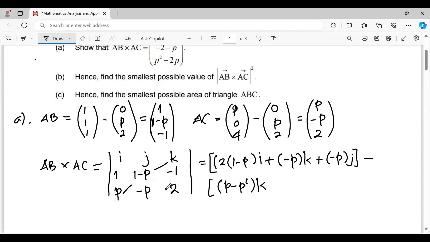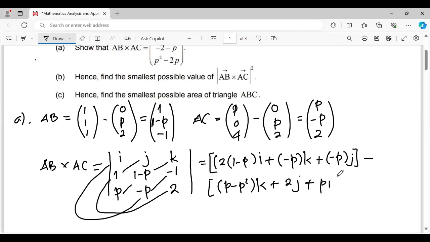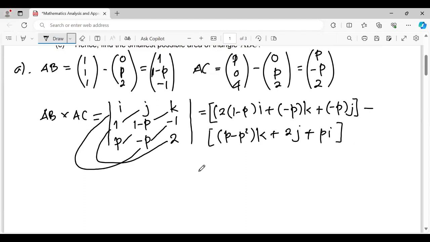And then this 2 times 1 times j, plus 2j, plus minus 1 times minus p times i, so plus pi. The accumulation of the subtraction will be 2 minus 2p i minus pk minus pj.